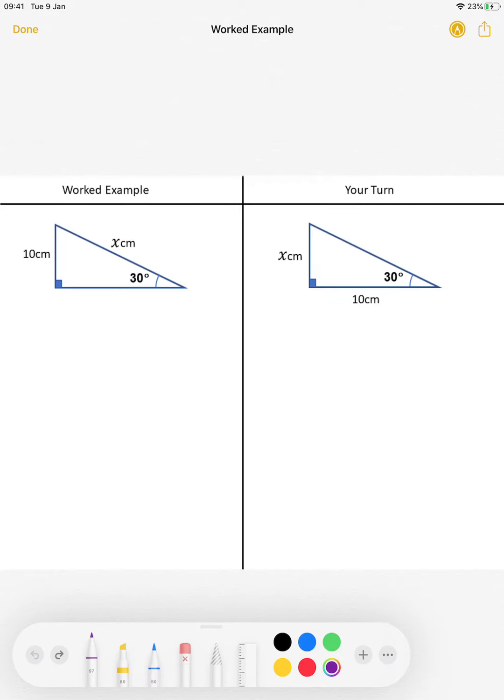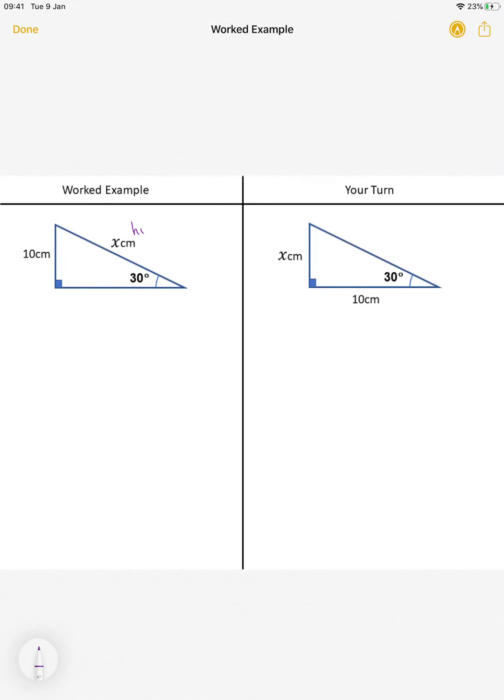So I'm going to label it first. This side is my hypotenuse. There's my opposite and there's my adjacent.